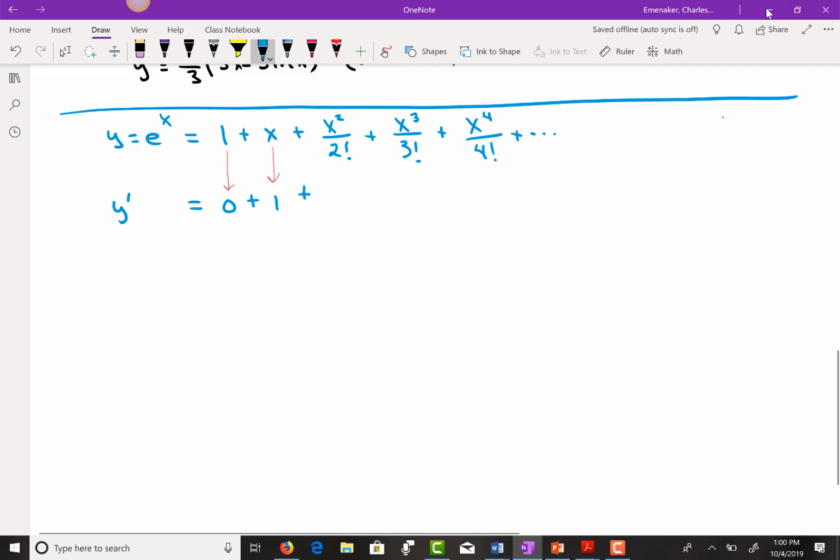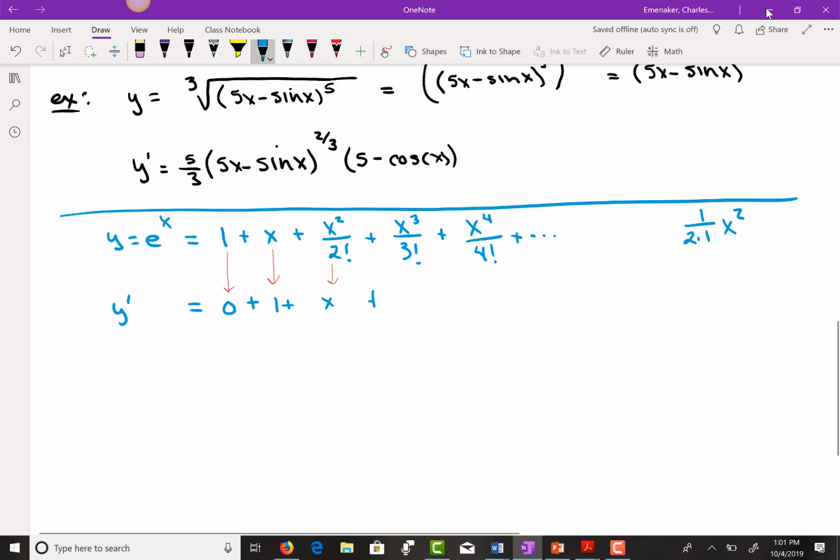Plus, x squared over 2 factorial is the same thing as 1 over 2 times x squared. When you take the derivative, you see the 2 in the exponent? It comes over and multiplies times the fraction, so you wind up with 2 over 2, which has a value of 1. So we'll have 1 times x to the first power, which is just x.